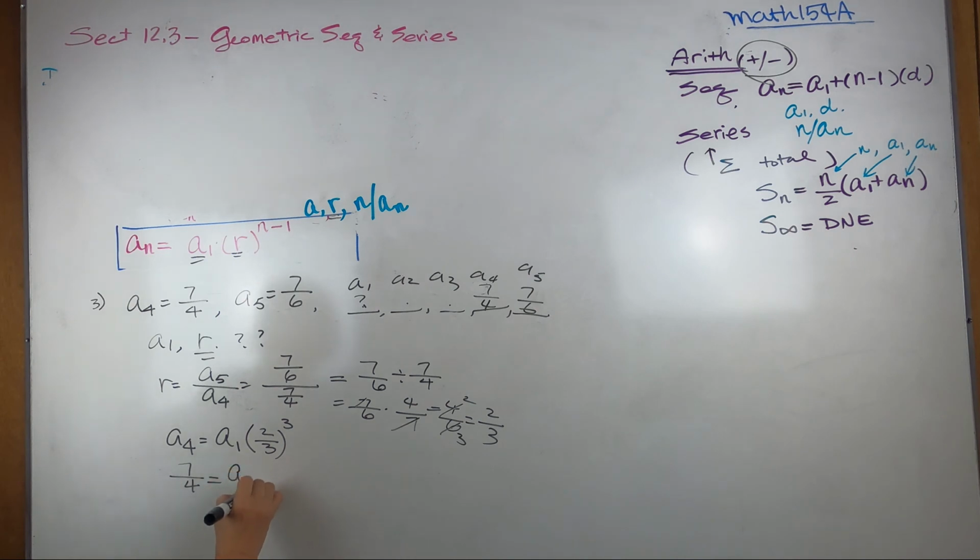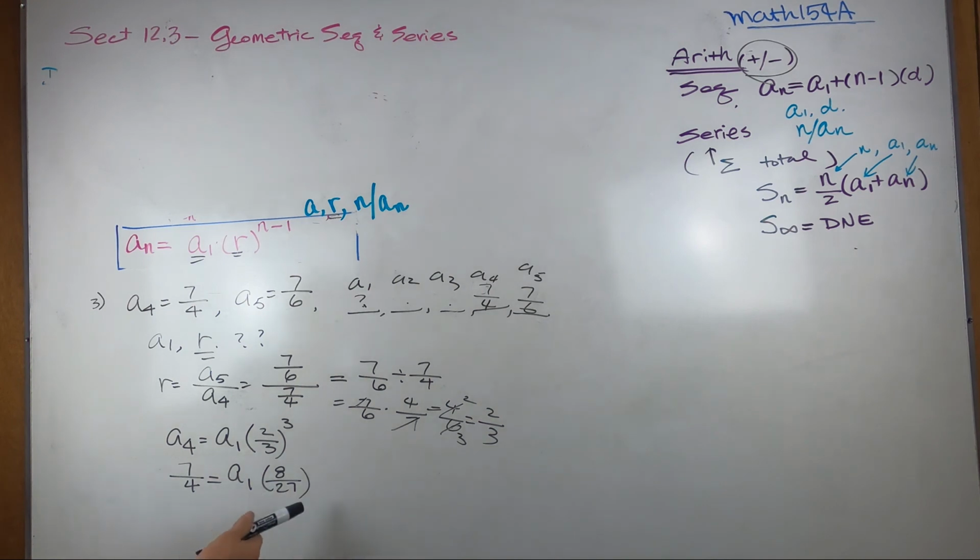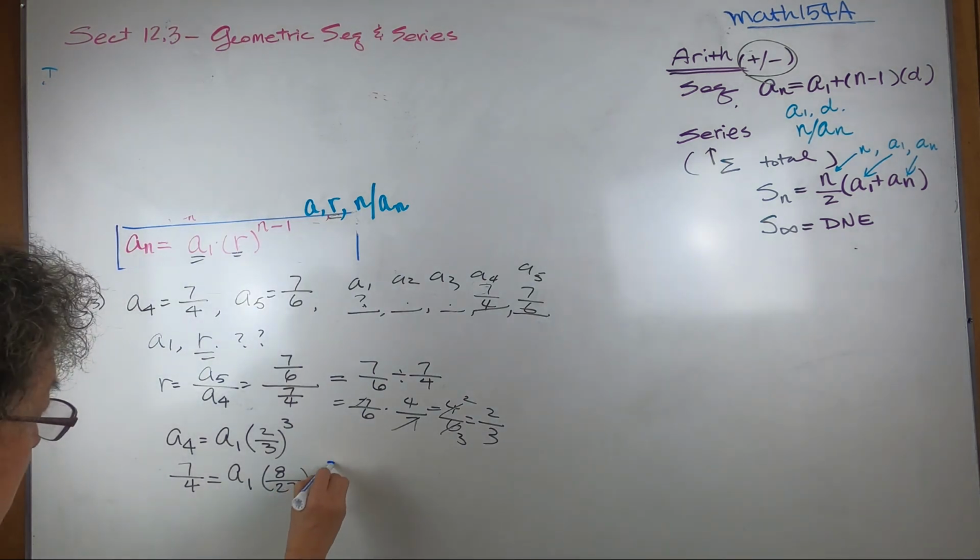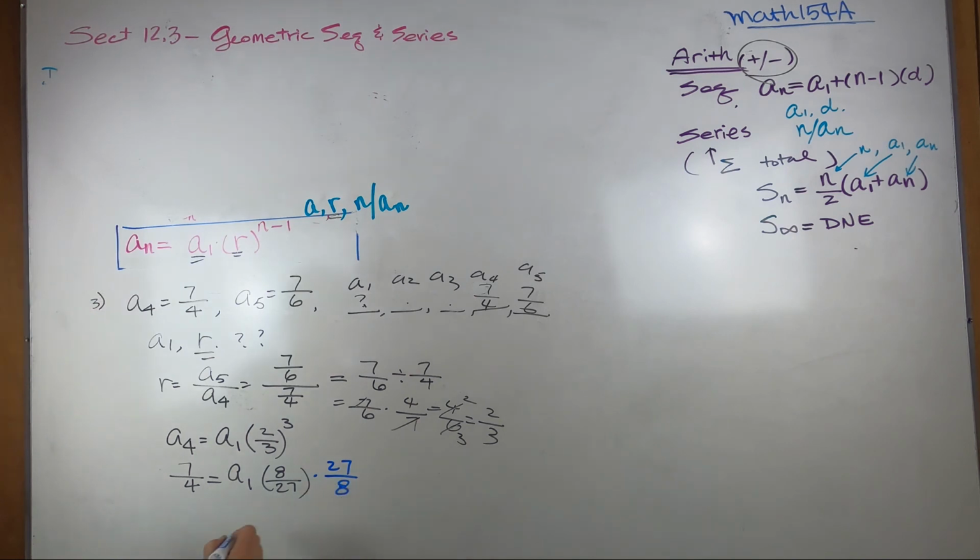A1, we try to find. 2/3 to the third power is 8 over what? 27, right? Then we need to find the A1. You can divide each side by 8 over 27, or you can just multiply its reciprocal, 27/8, this way, then you can get A1 by itself, right?